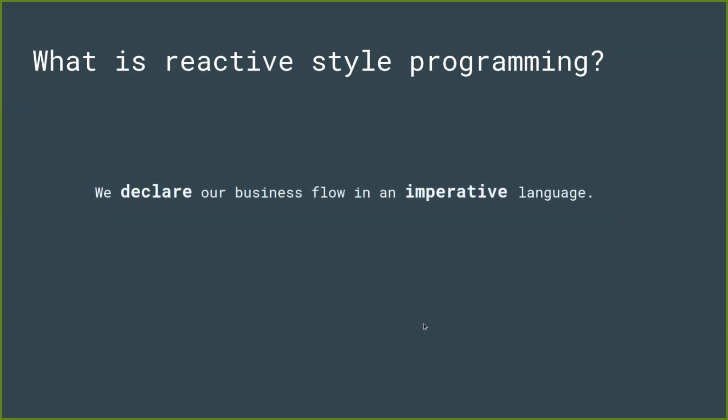In other words, we declare our business flow in an imperative language, by using streams and lazy loading in different proportions. So it's a way to simulate declaration in an imperative language. And for this one, a combination of at least the keywords we've talked about before is needed.